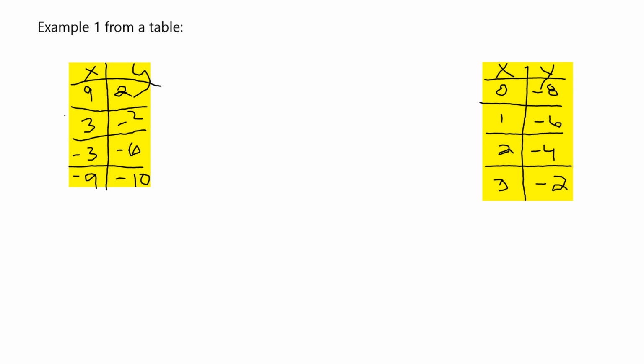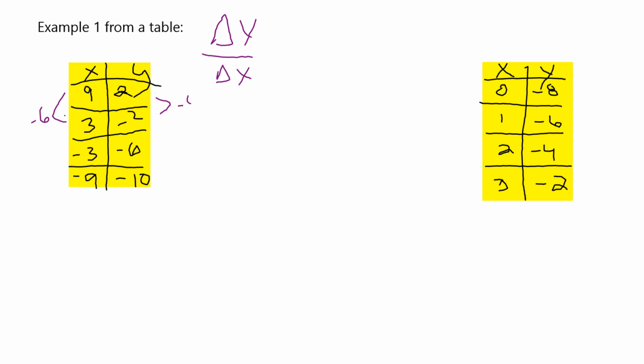When writing the equation of a line from a table, the first thing you need to do is find the slope. The slope is the change in y over the change in x. So an easy way to find this is just to look at each piece and determine what the change is. So for x, 9 to 3 is negative 6.